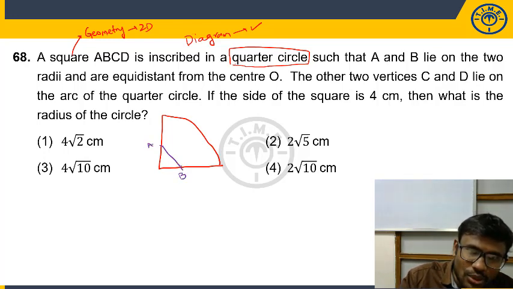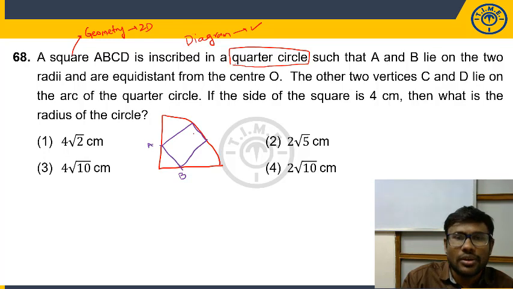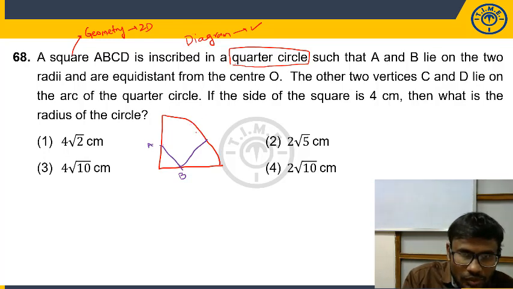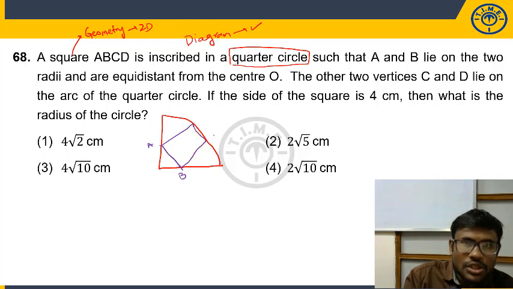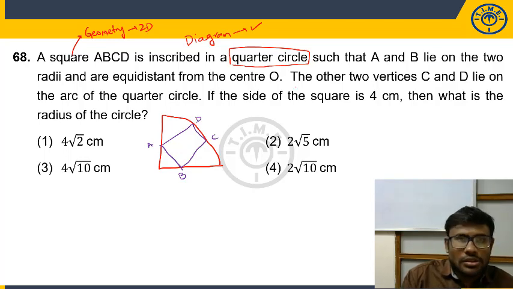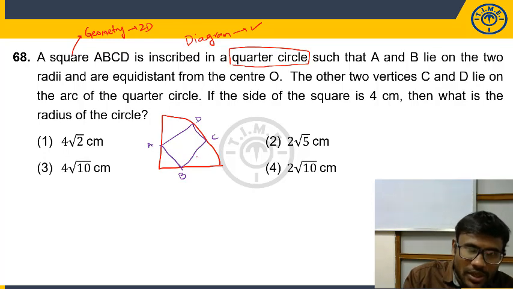The other two have to lie on the arc. So ABCD. Now the side of the square is 4 centimeters, so 4, 4, 4 and 4.